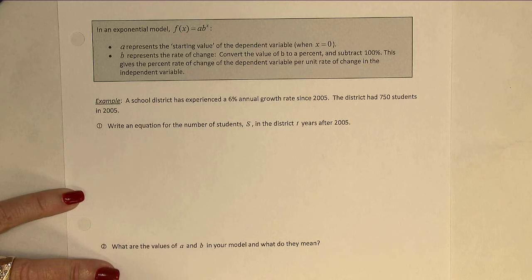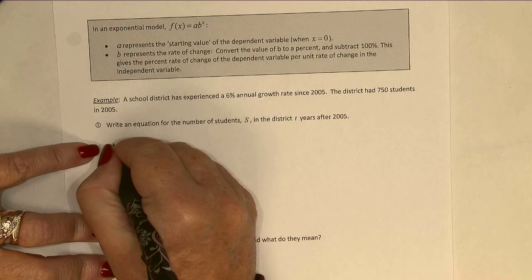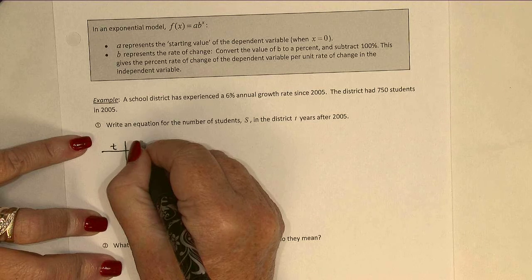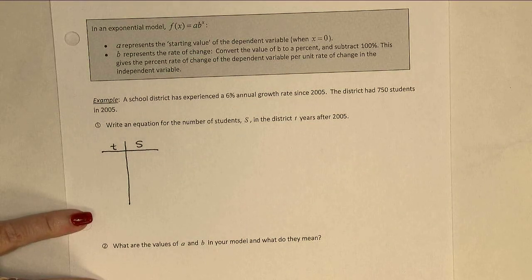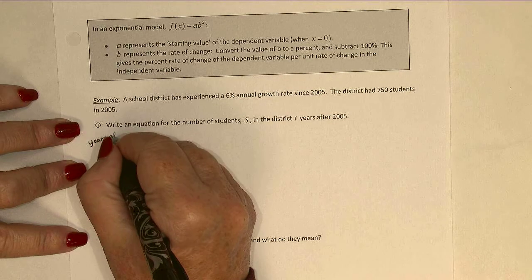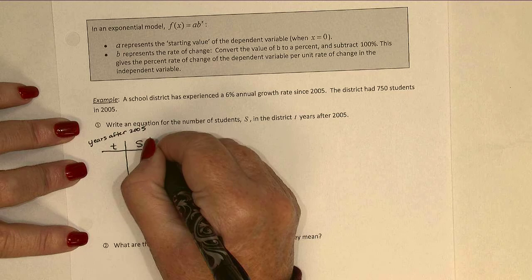I'm going to go ahead and create a table of values. You may not need it for this one, and if you don't, that's great. But I just want to make sure that we're really all following this well. So again, T is years after 2005. S is number of students in the district.